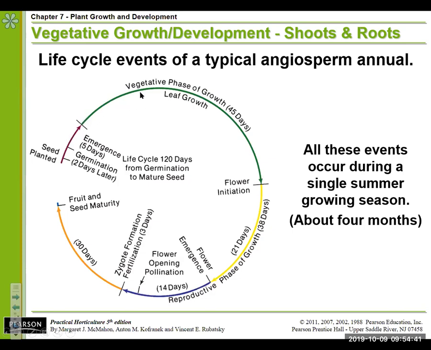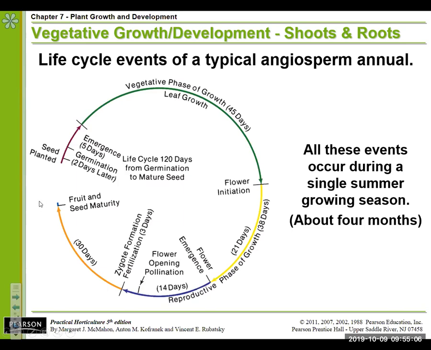They go through their vegetative phase of growth. Then they're going to start to initiate flowers, develop buds for a period of growth. Then they're going to become reproductive. Then they're going to be pollinated, fertilized, and then they're putting all of their energy into developing fruit and mature seeds until they senesce and die.